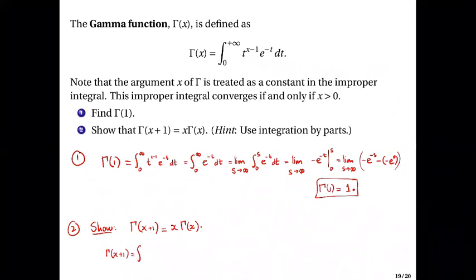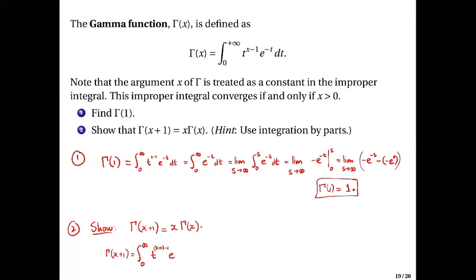this is the integral from 0 to plus infinity of t raised to x minus 1. But your x will be replaced by x plus 1, correct? So x plus 1 minus 1 in here.